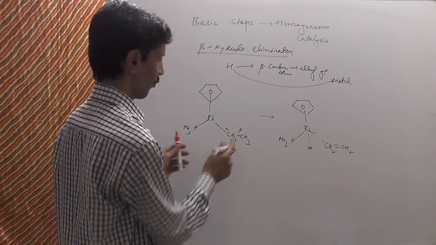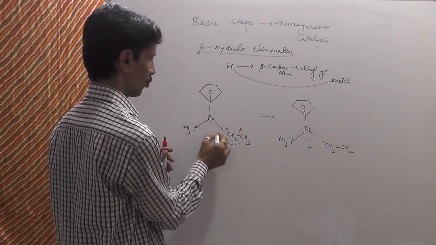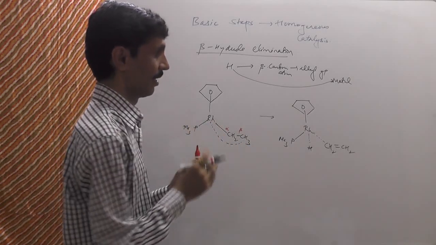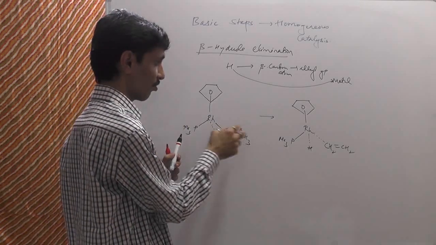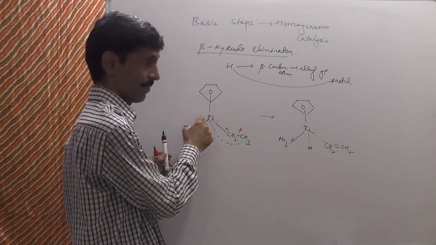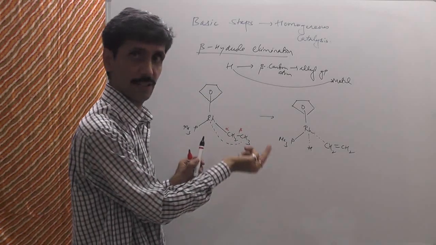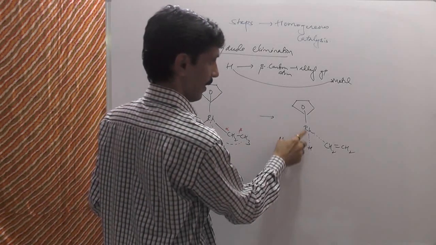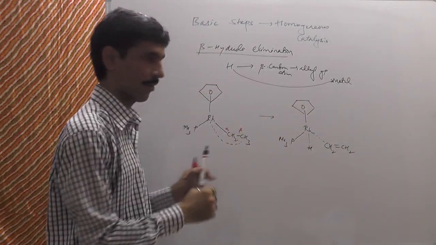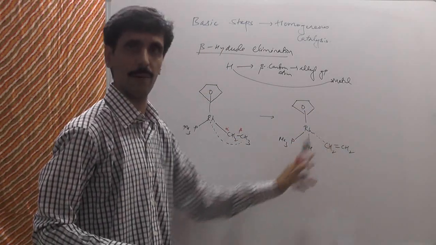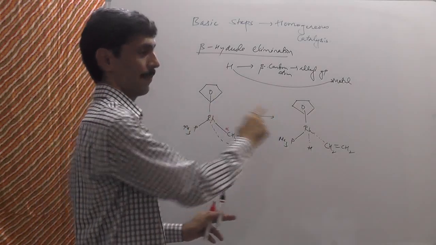Now this H from here has gone to the metal center. As a result, the alkyl group which was sigma bonded to the metal center is now converted into a metal-bonded hydride and a corresponding alkene, because it results in the formation of a double bond. So this is what happens.